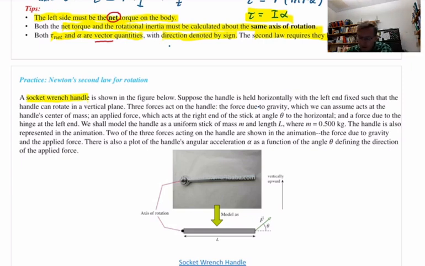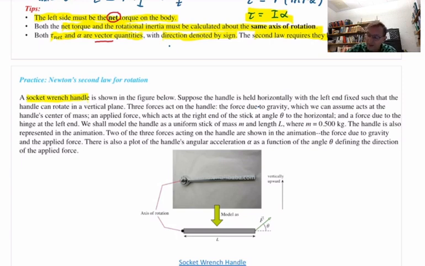Okay? And the left end is fixed such that the handle can rotate in a vertical plane. So there's the axis of rotation at the left end. I'm just going to take it to be exactly at the left end to make the geometry easier. Turns out three forces act on the handle: the force due to gravity, because that handle has some mass, which we will assume acts at the handle's center of mass; an applied force, which is going to act at the right end of the stick at an angle theta, although I'm going to change that to a phi.